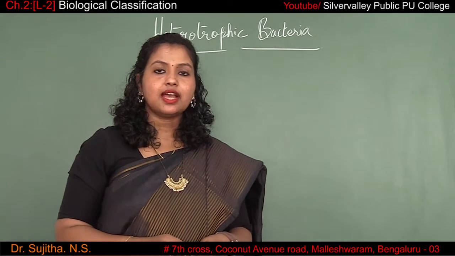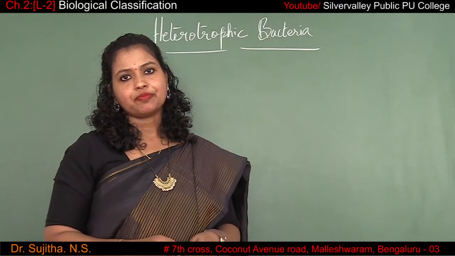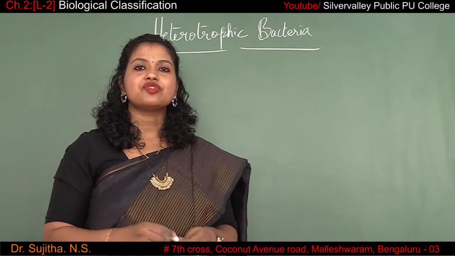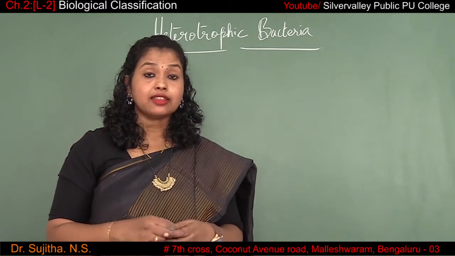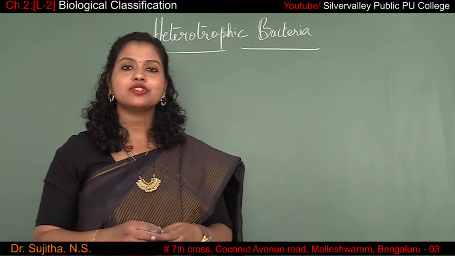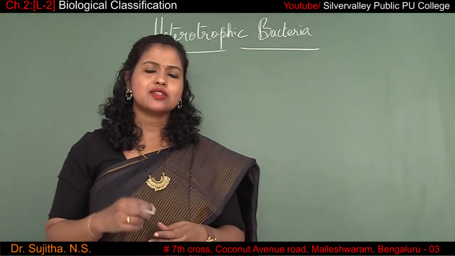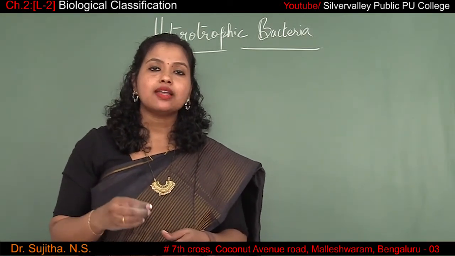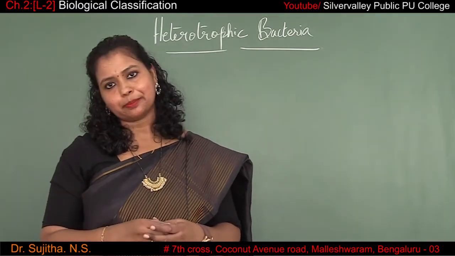The next one is the heterotrophic bacteria. Heterotrophic bacteria are found everywhere and they are also important decomposers. Decomposers means the living organisms or the bacteria which decompose the organic matter.